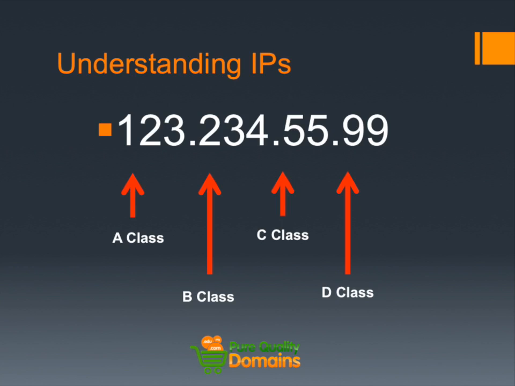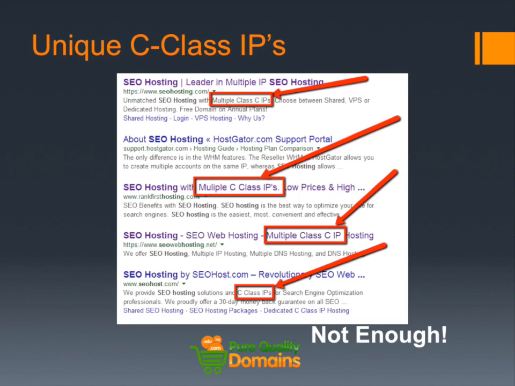Now that used to be good enough, right? In the early days of SEO hosting, a lot of people went for C class IPs, and it was perfectly fine. The problem is that Google has caught on to this. You can still see many different companies advocating for unique C class IPs.